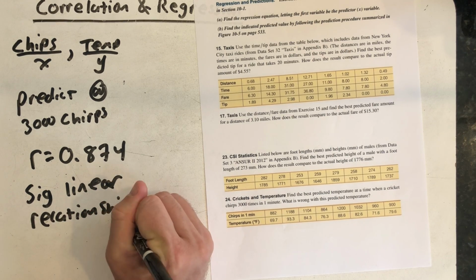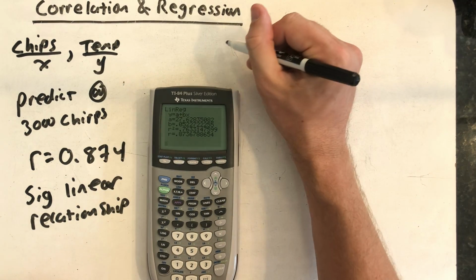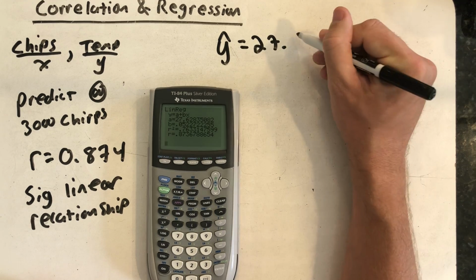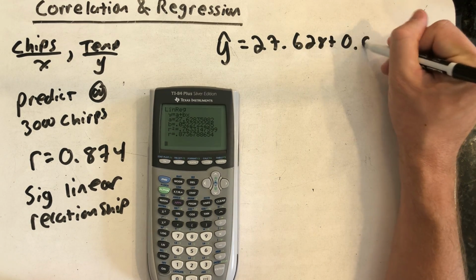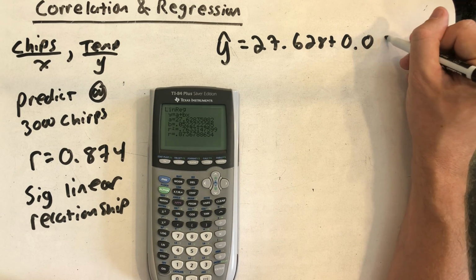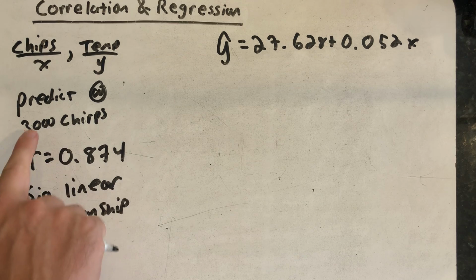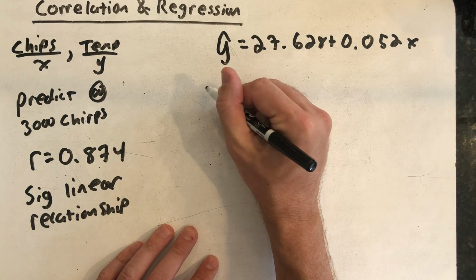I will get to use the regression equation. So, y equals 27.628 plus 0.052x. All right, I'm asked to make a prediction. 3,000 chirps goes in for x, and a temperature is supposed to come out for y.